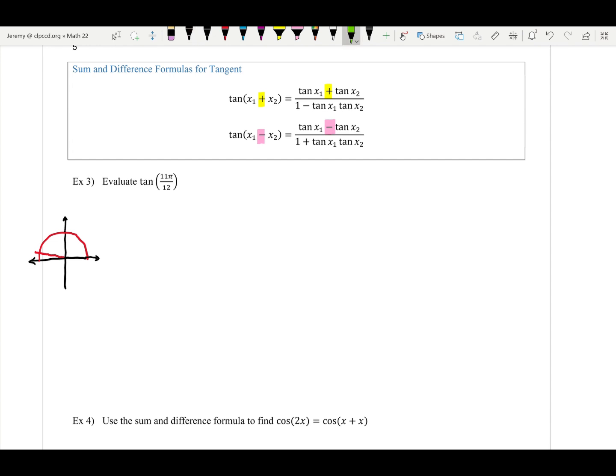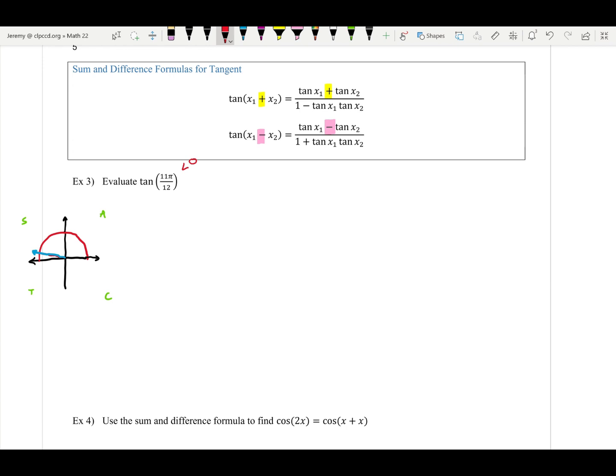Thinking "All Students Take Calculus," A, S, T, C: since this is in the second quadrant, sine is positive here, cosine is negative, tangent is negative. So I'm expecting a negative value here, less than 0. We'll deal with that at the end, but it's good practice to size it up right as you're looking at it for the first time.